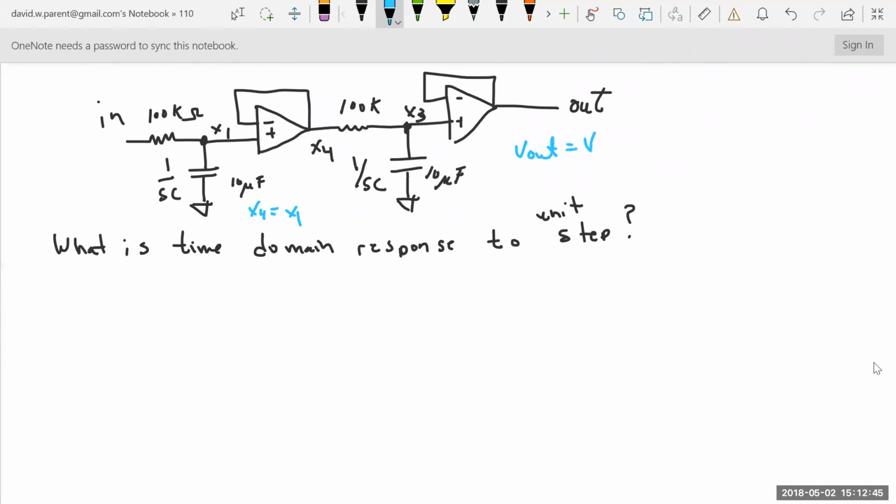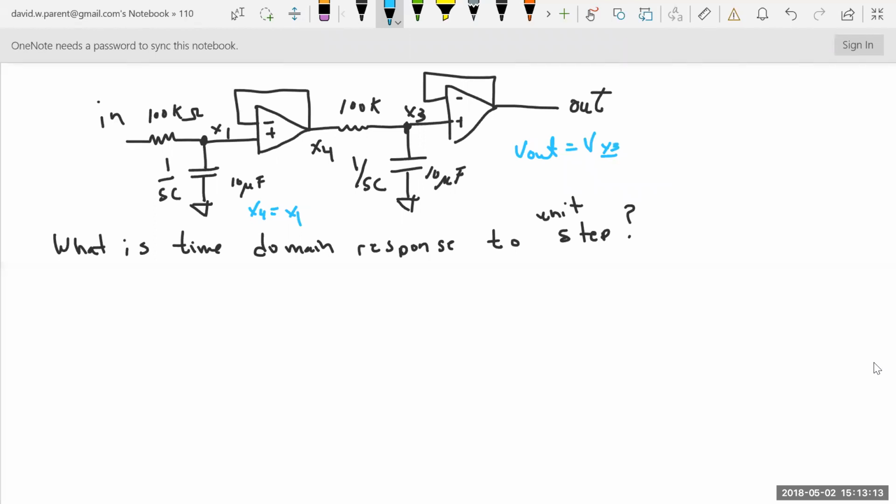V out equals V at x3. All right. So you don't have to re-derive the buffer, right? And the buffer, non-inverting and inverting gain stages, those will have to be memorized for job interviews and really life as an electrical engineer in the field.